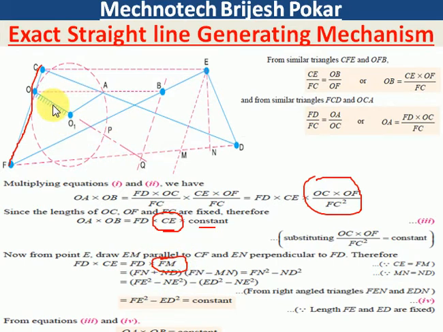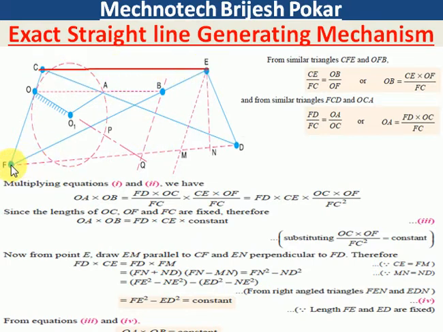So we can say CE is equal to FM. Here CE is the same as FM, because it is like a parallelogram. So FD is equal to FN plus ND, okay. You can see here FD is equal to FN plus ND.